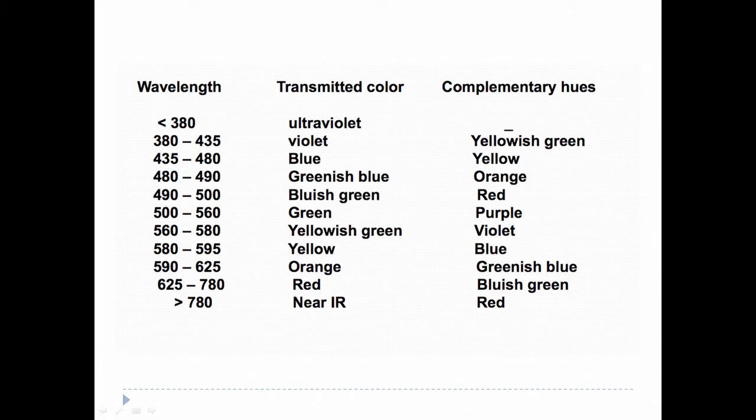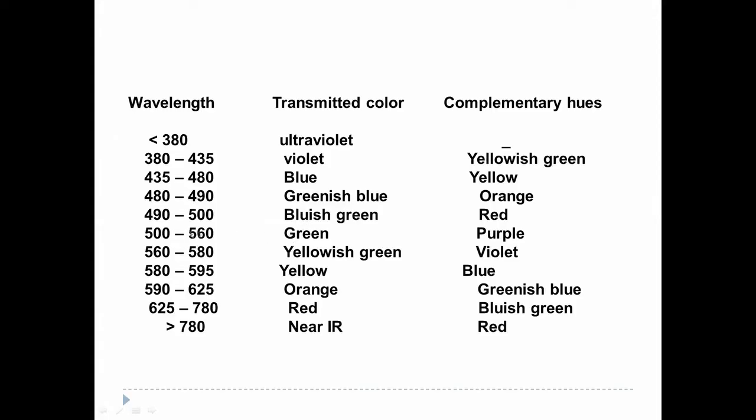Similarly, if we go down the visible range, that is 480 to 490, we have greenish blue transmitted color, and it looks somewhat orangish. So, if a substance is looking orange to you, it only means that it is transmitting greenish blue color and absorbing all other colors. The combined effect of all other colors that the substance is showing is orange. It is not the transmitted color.